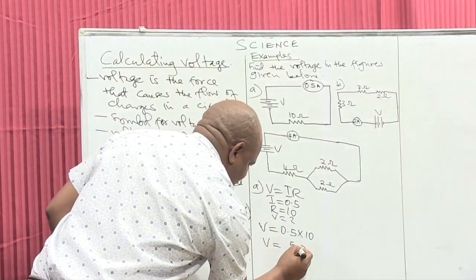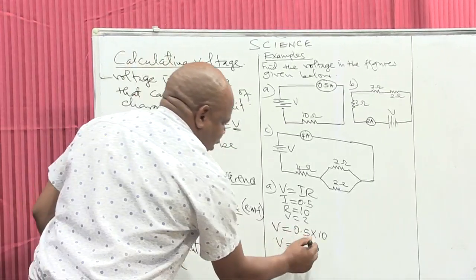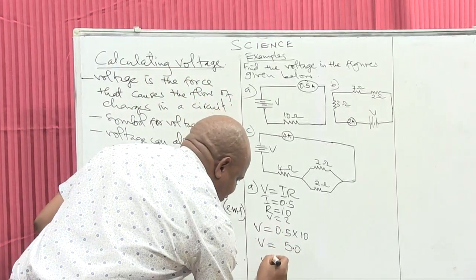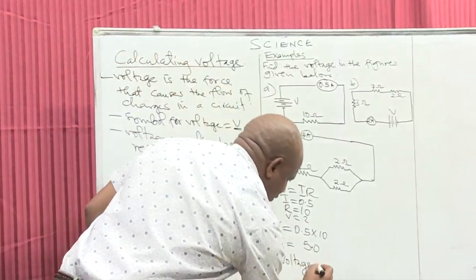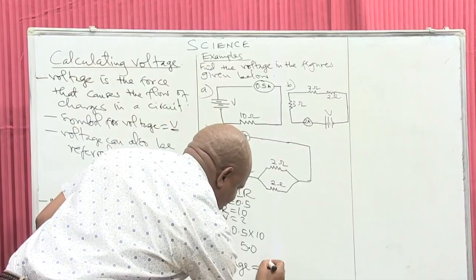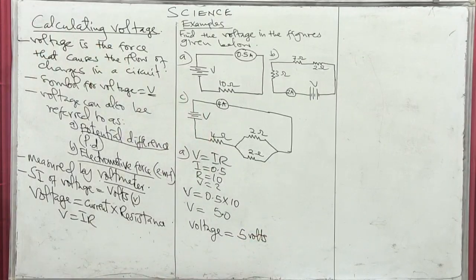Our decimal point will be here, because we have one decimal place. So the value of the voltage is equal to 5 volts, or 5 V.